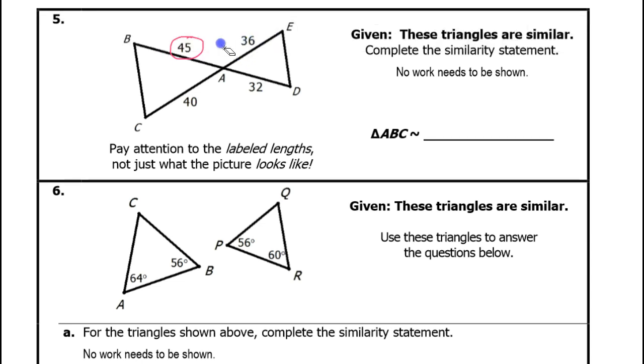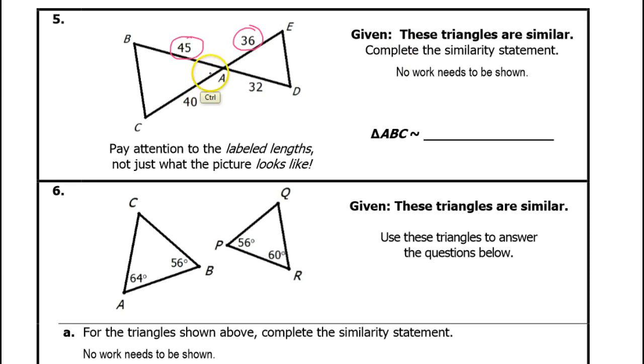Look at the sizes. 45 is the larger of the two sides that were given over here, so it's going to correspond to the larger of the two sides over here. 36 is the biggest side, so these are corresponding.